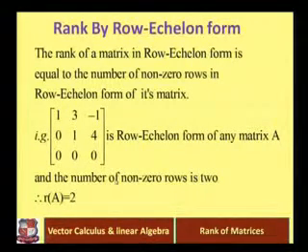So we get 2 non-zero rows in the row echelon form of the given matrix A, so the rank of that matrix is 2.